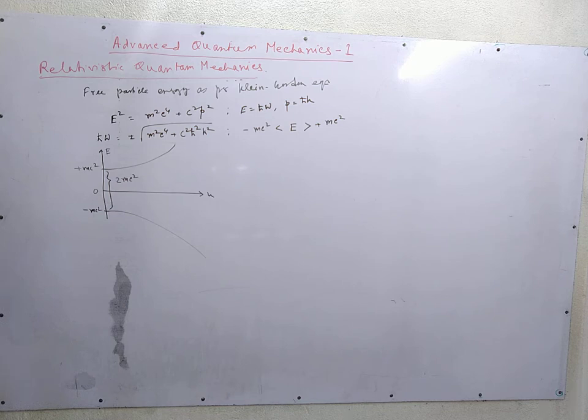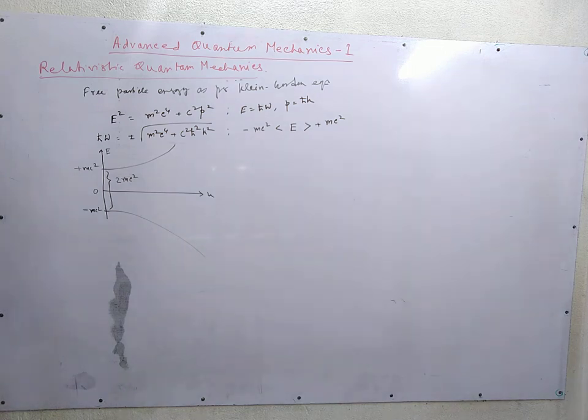Later on, it was found that these are the energies of particles, say for electrons, and these are the energies for antiparticles, say for positrons. This is one part of the Klein-Gordon theory.